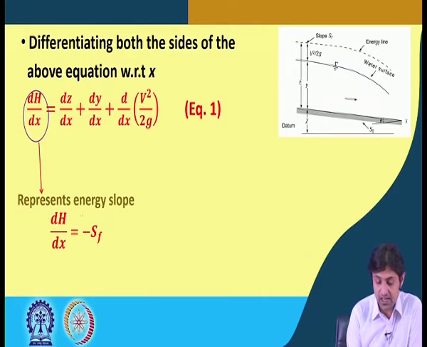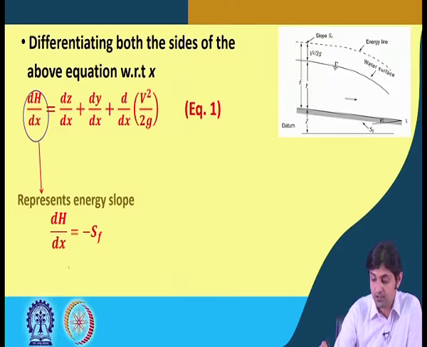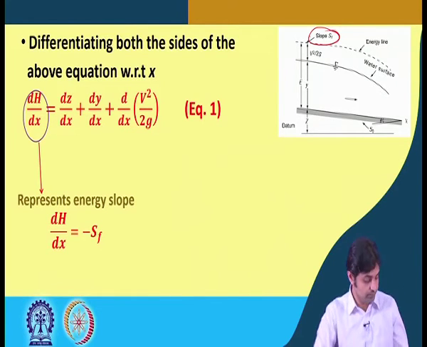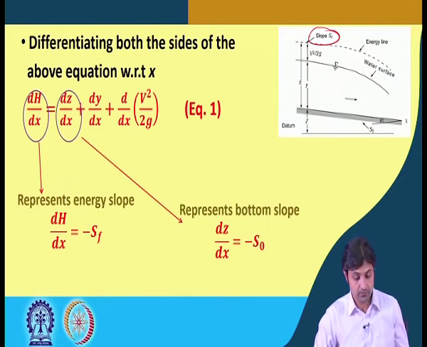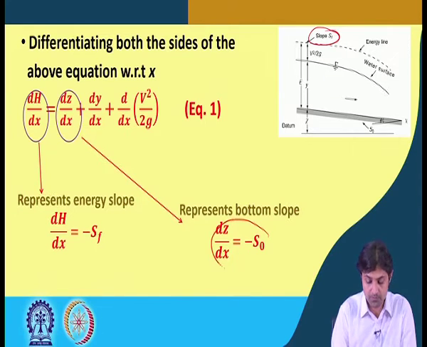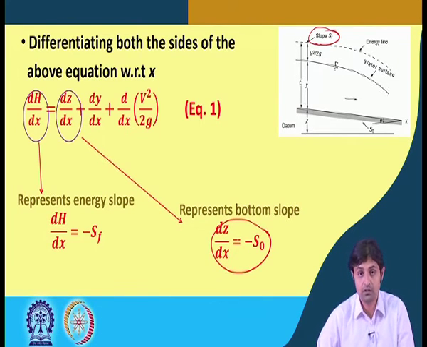So, now this actually represents the energy slope, that is dH by dx is equal to minus Sf. And this dz by dx represents the bottom slope, minus S naught.